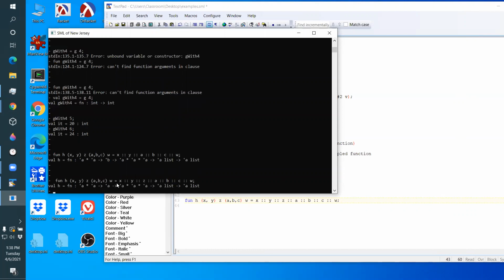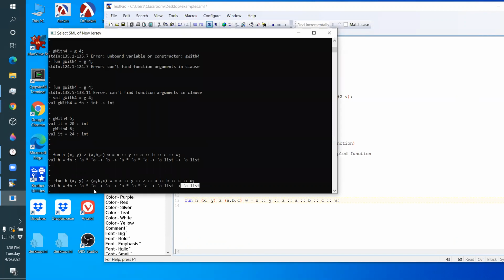So it takes in a pair of A's, then it takes in one A by itself, then a triple of A's, then a list of A's, and it produces a list of A's. So you count the arrows. 1, 2, 3, 4 arrows means 4 inputs, and the last thing is the output. 3 arrows would mean 3 inputs. 1 arrow would mean 1 input.